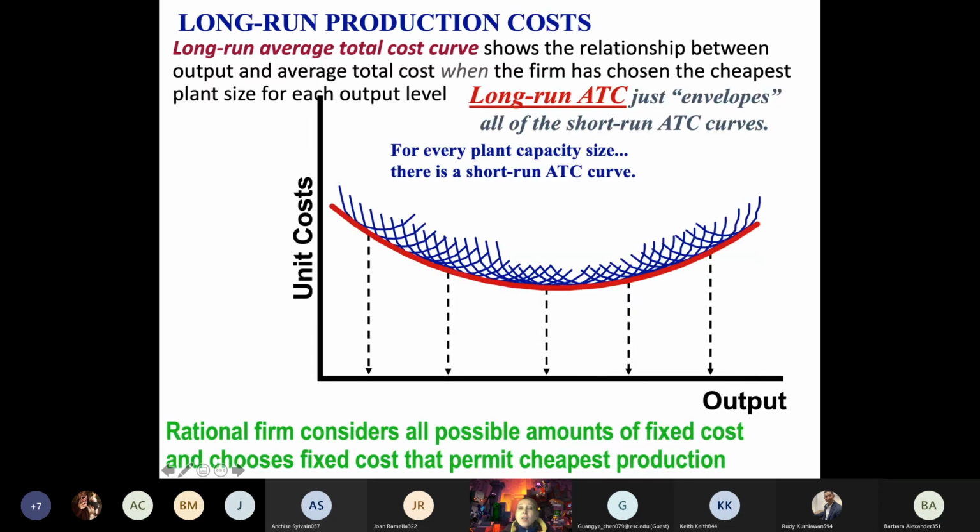And that's what we mean when we say long run average cost of production: it is just a line that goes under all the potential possible millions of short-term costs of production that are in your view.